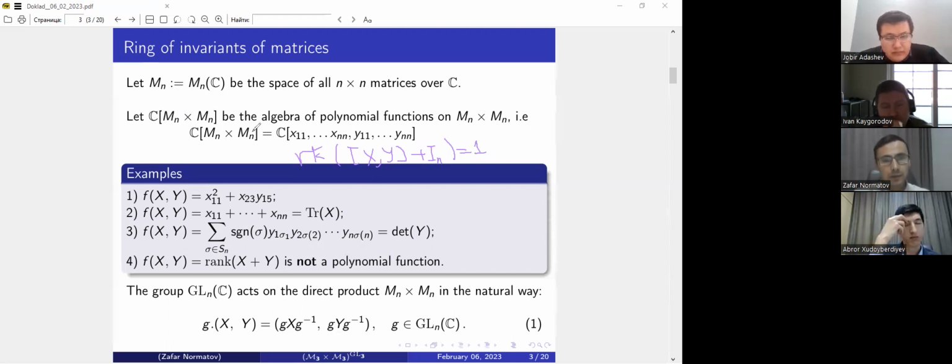The Calogero-Moser space is the subspace of this algebra with this condition. And also the GL_N action induces an action that satisfies this condition. So we also have the GL_N action on the Calogero-Moser space, on the coordinate rings of the Calogero-Moser space.